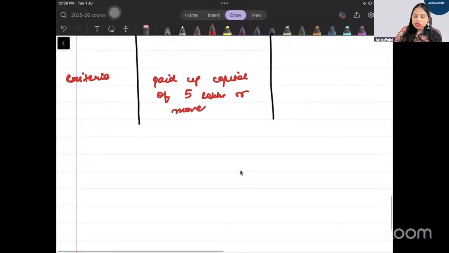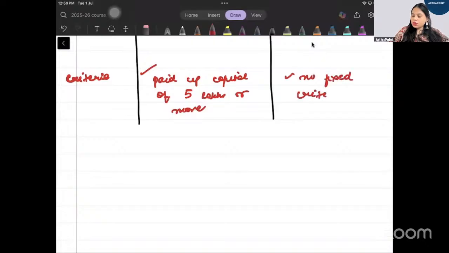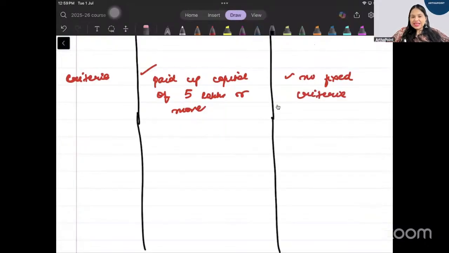Right? ऐसा कुछ नहीं करना जिससे कोई भी ऐसा काम नहीं होना चाहिए जिससे डिपॉजिटर को फर्क पड़े, जिससे डिपॉजिटर का जो भी इंटरेस्ट है, हाँ, जिसकी वजह से डिपॉजिटर आपके साथ है उस पर असर पड़े, ऐसा कुछ नहीं होना चाहिए. राइट? So basically you have to ensure that you work in a way which is not detrimental to the interest of the depositor. Right? Then I'm not writing that point. Then here there is no fixed criteria. Or in other words, you can simply say that if your paid up capital is less than 5 lakh, then definitely you will be a non-scheduled bank.